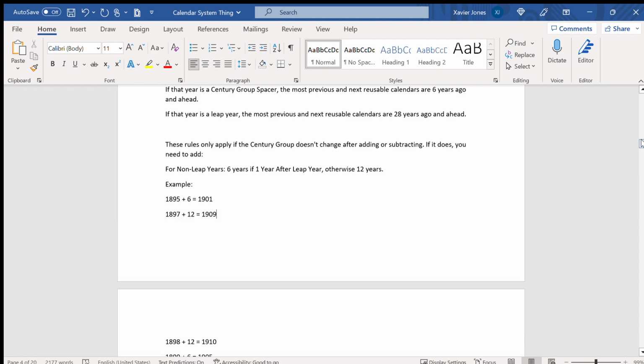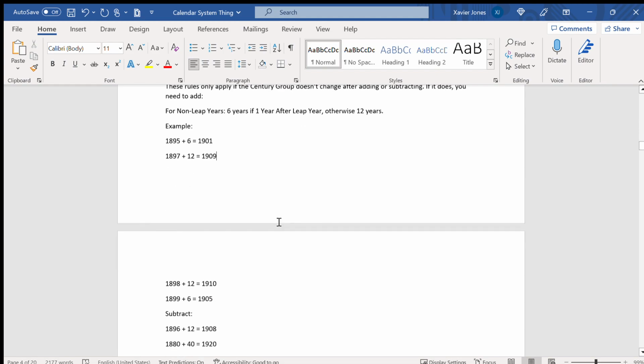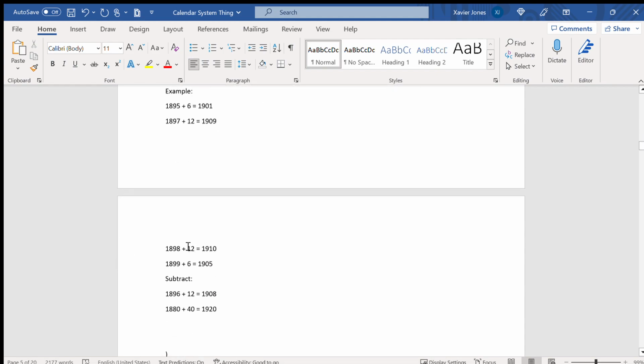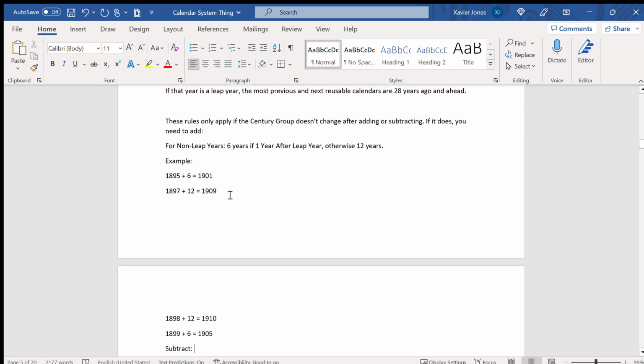Here's the thing: I know 12 works. I'm sure that if it's 2 years, it has to be 12. What's breaking me apart is this one here. I'm not convinced that that's the next reusable calendar. But I know it's not 6, because the calendar for 1897 is not the same as the calendar for 1903. I checked.